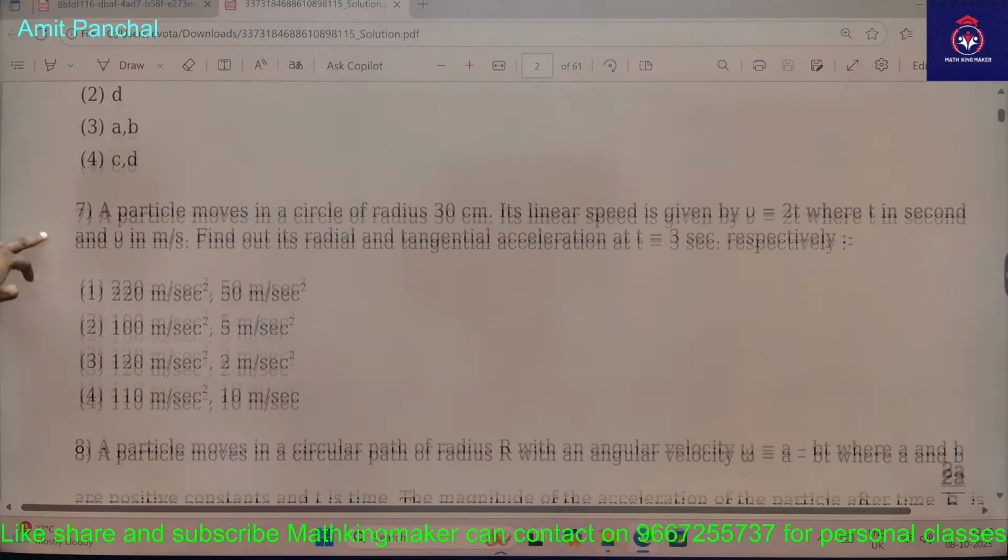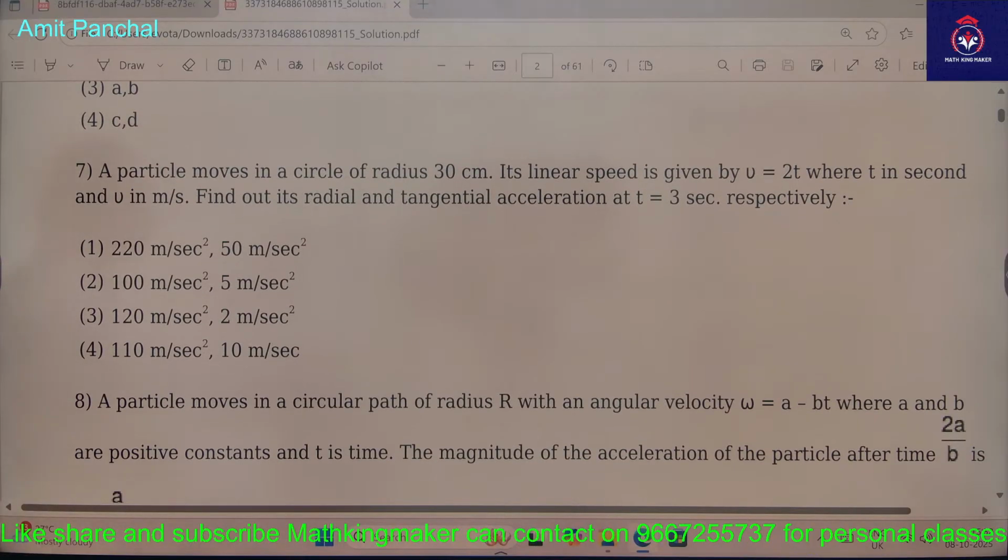Okay, do question number 7. Try to do it. Whatever is given, just write down.